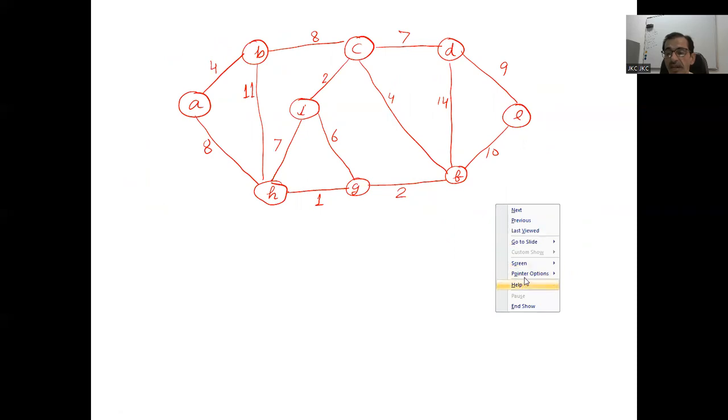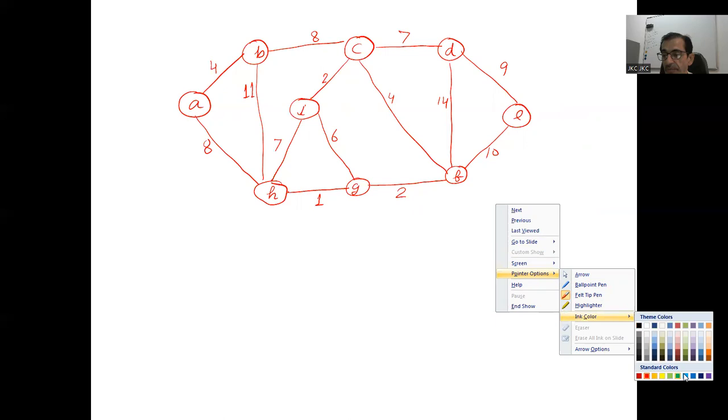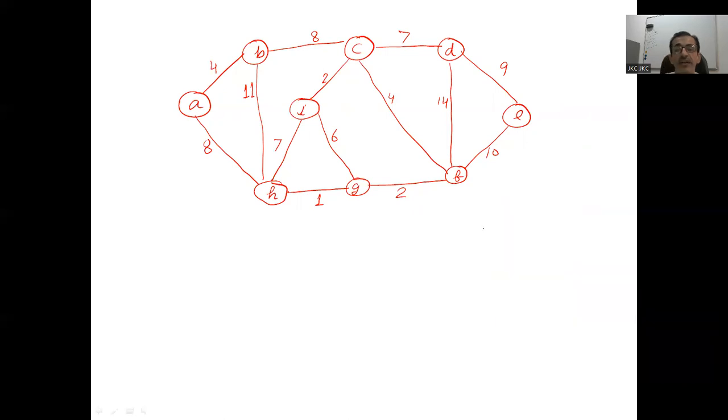Let me use a different pen color so that I can show you in a different manner. Initially my answer set has A as one set, B as another set, and so on, up to I. All these are there.